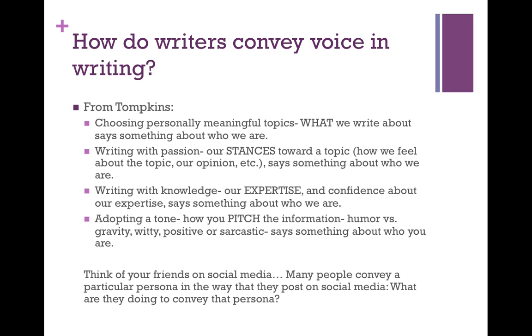Writing with knowledge, the things that we know about really well, the things we're really sure about, and the things we express certainty about, our expertise, that says something about who we are. And adopting a specific tone, how you pitch the information with humor versus gravity, or witty or positive or sarcastic, all of those ways of pitching the information says something about who you are.